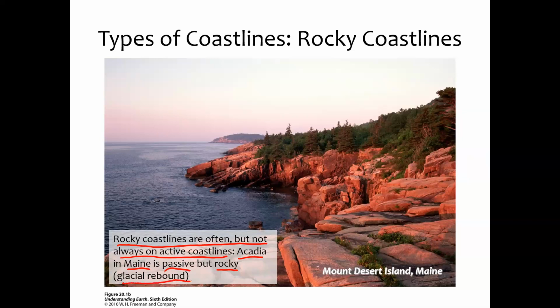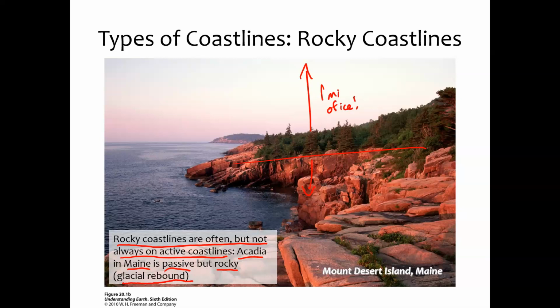call glacial rebound. So in this spot, there used to be maybe a whole mile of ice in the recent past, a few tens of thousands of years ago, and that was pushing all the rocks so that all of these rocks were probably 20, 30 feet lower than they are now, sitting at sea level, maybe even lower than that. As the ice melted, this rock started to rebound.